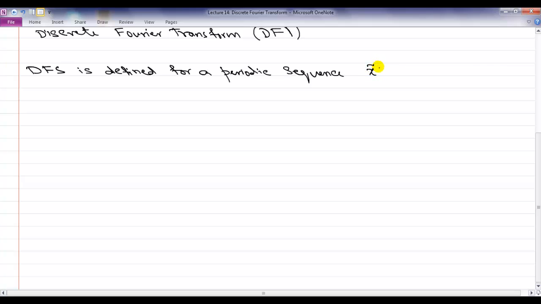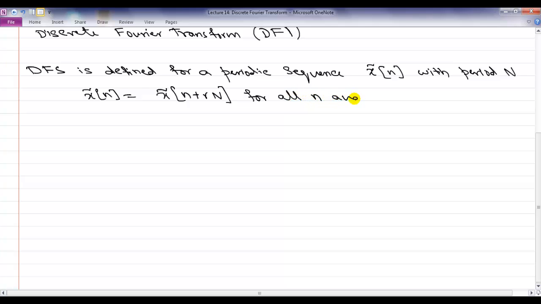So it's a periodic sequence x tilde[n] with period of capital N. What this means is, since it's periodic, that x tilde[n] equals x tilde[n + rN] for all little n and little r. So it's periodic with period N.